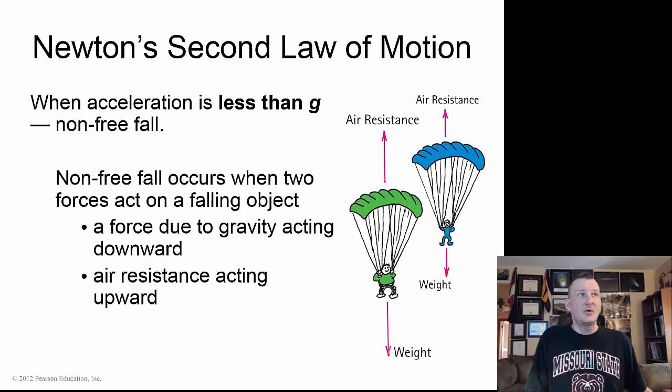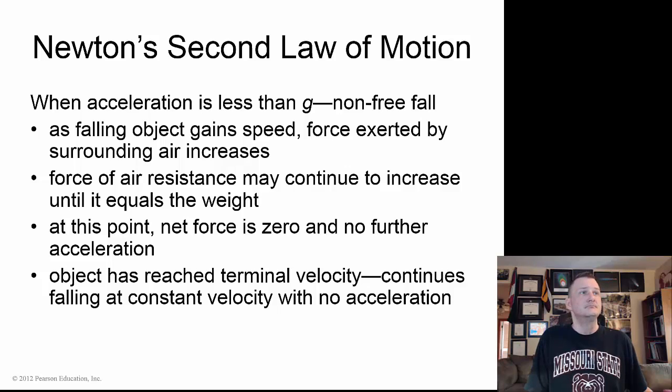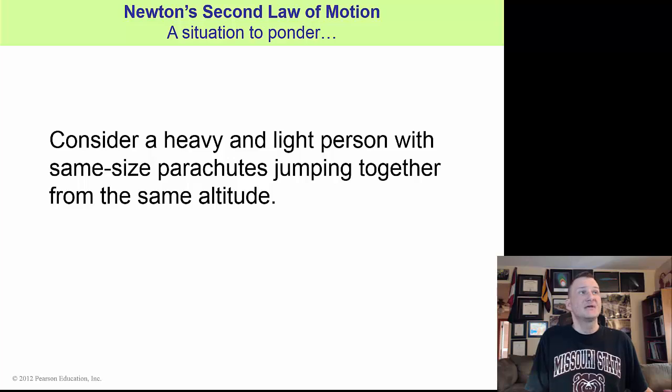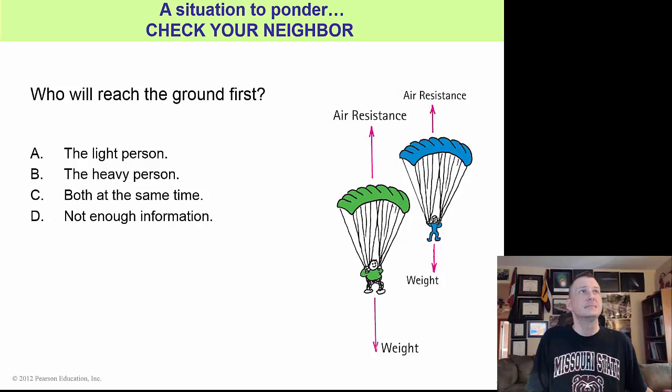Now, if we don't have a free-falling object and there is air resistance, then the air resistance is acting upward on the object, and the force due to gravity is acting downward. Let's look at this situation. Consider a heavy and a light person with the same size parachutes jumping together from the same altitude.